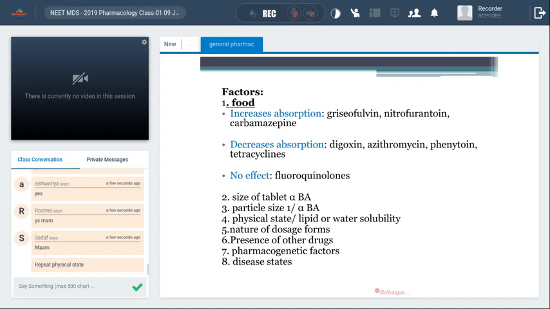For absorption, more lipid soluble, more absorption. For excretion, more water soluble, more excretion. That's what I meant. Okay. Is that clear? Whoever asked the question, did you understand?